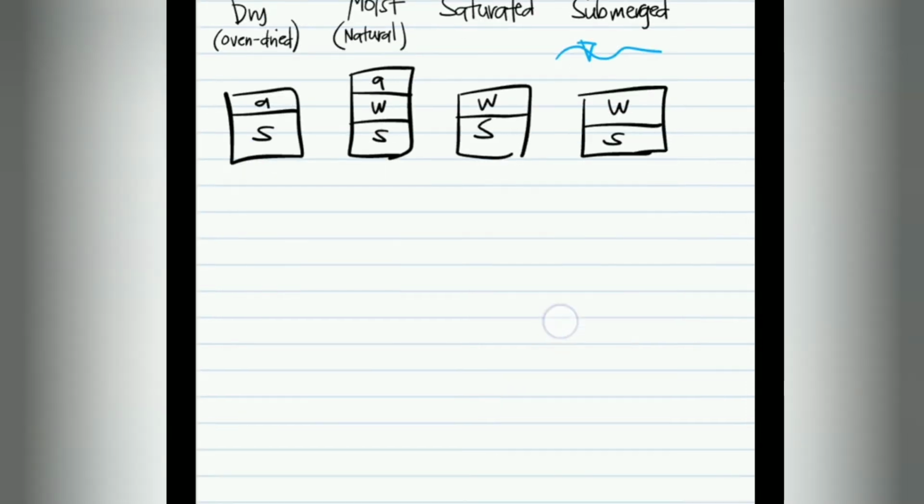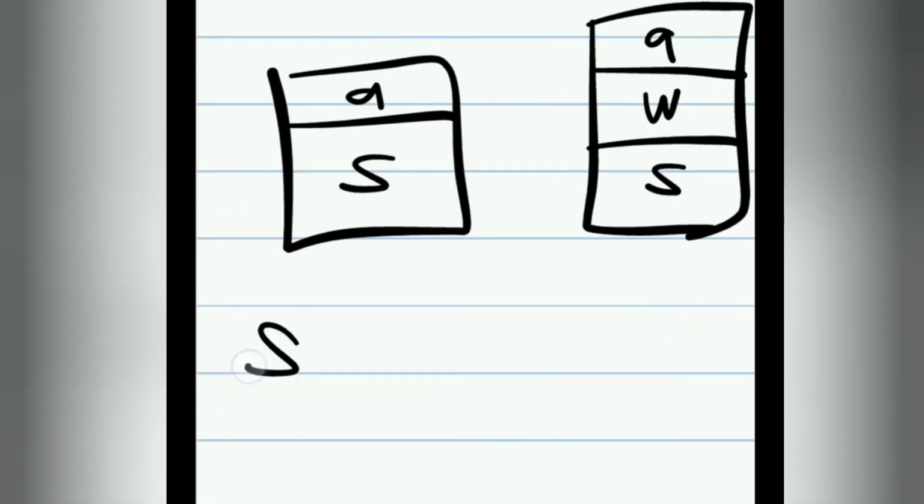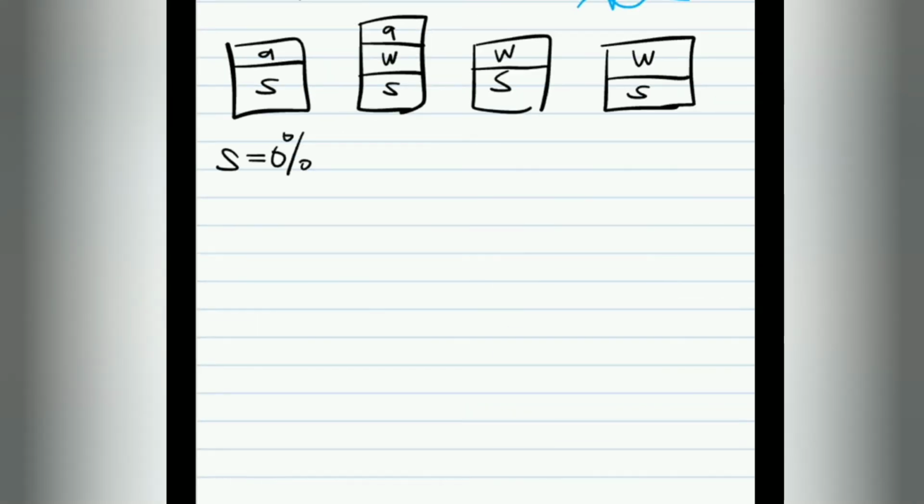Now, for the degree of saturation, for dry, of course, its saturation is equal to 0%. But before that, what is degree of saturation? What does this mean? It's simply the ratio of the volume of water to the volume of solids.